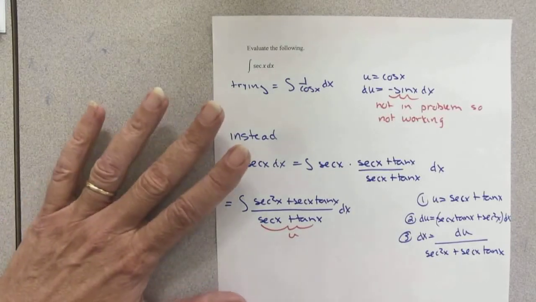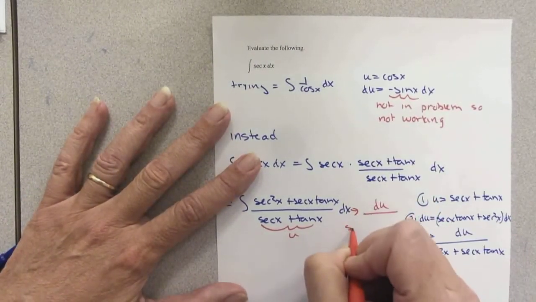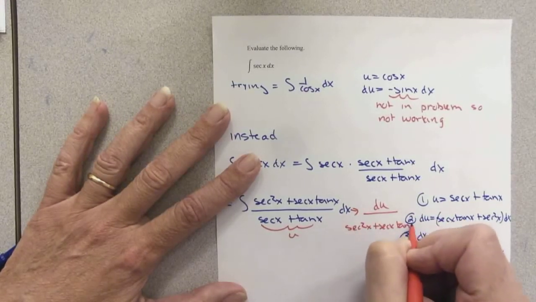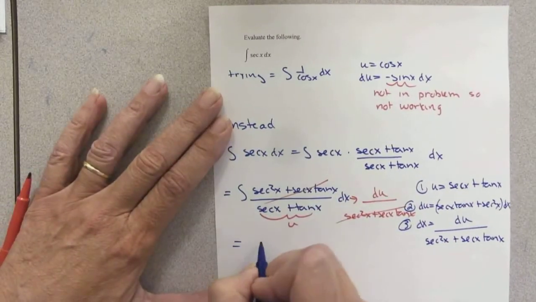All of that's going to be u. dx is going to be replaced by du over secant squared x plus secant x tangent x. I've got perfect canceling.